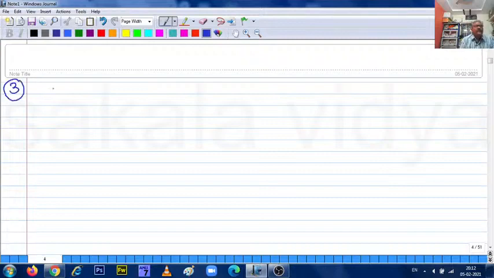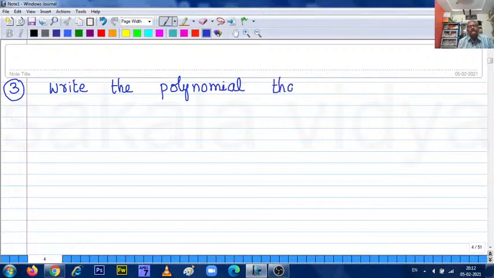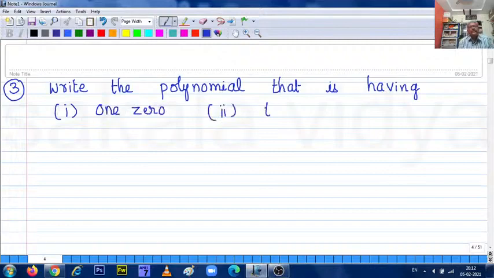Third one. Write the polynomial that is having, first one, only 1 zero. Second, 2 zeros.